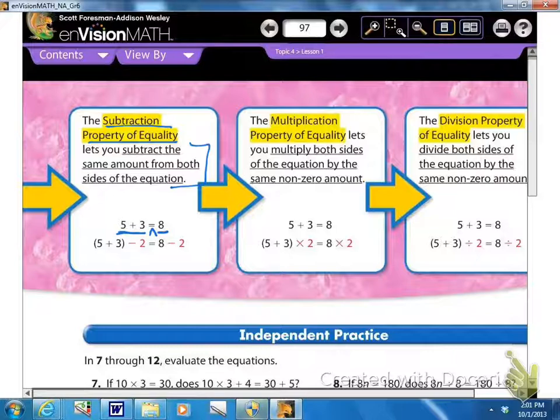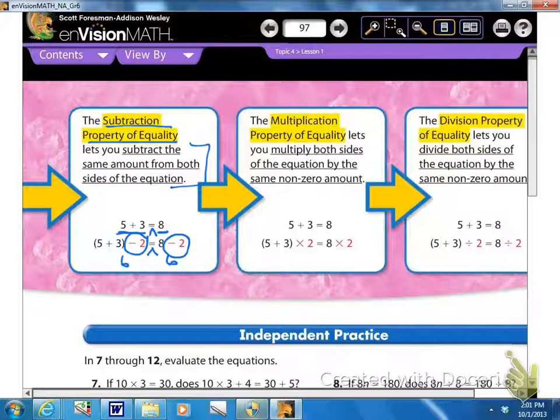If we want to take away or subtract the same amount from both sides, both sides will still be equal, or the equation will be balanced. So 8 minus 2 will be 6. 8 minus 2 would still be 6. So the expression is still equal.